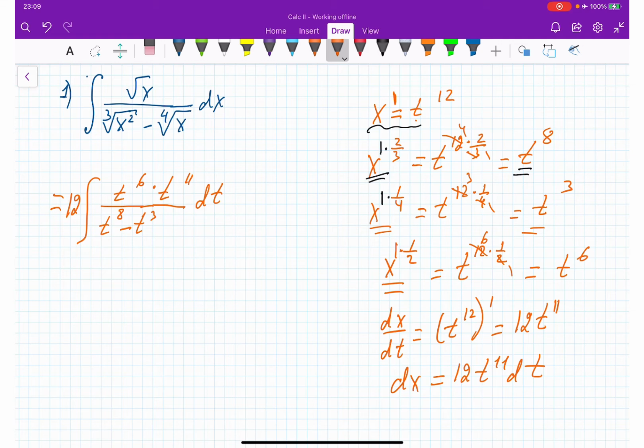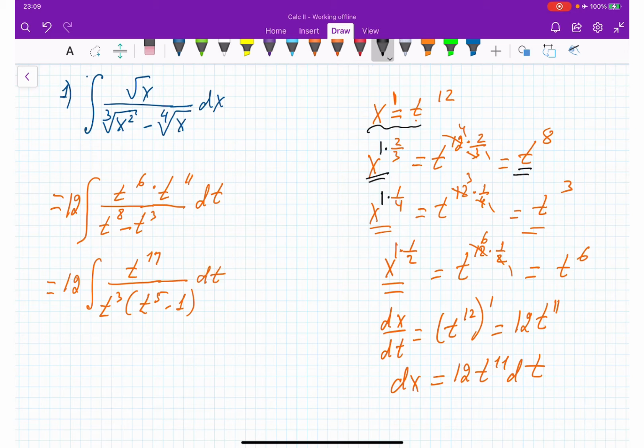Okay, so what am I getting here? 12. So degree 6 plus degree 11 is going to be t to the degree 17, right? And in the denominator, I can take t to the power 3 out, and I will have t to the power 5 minus 1. And here is dt.